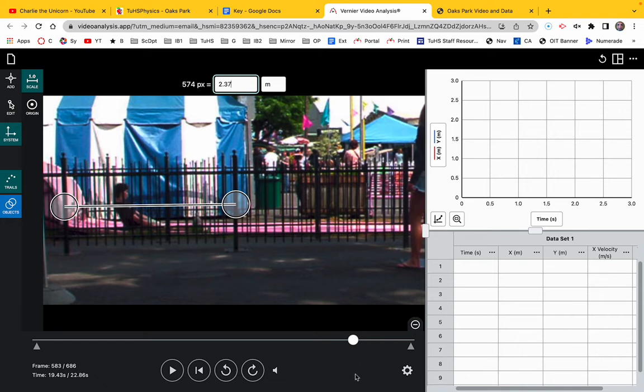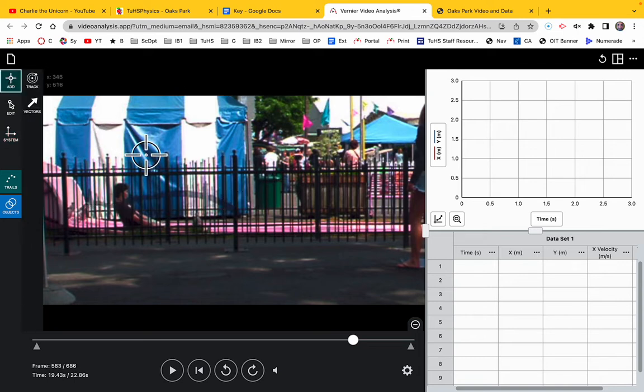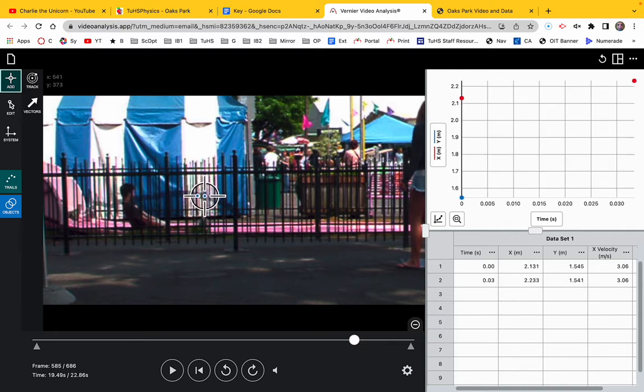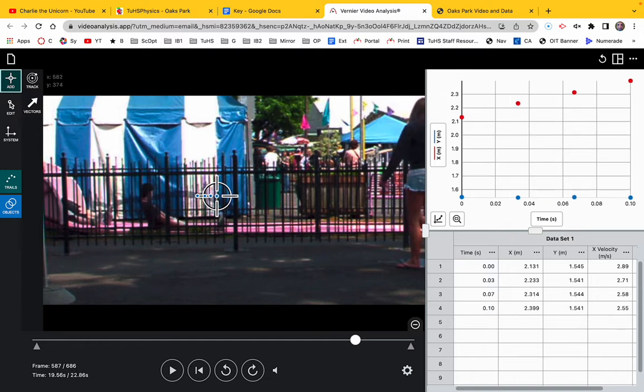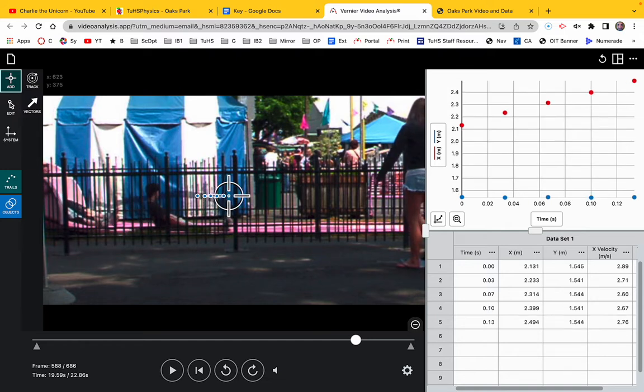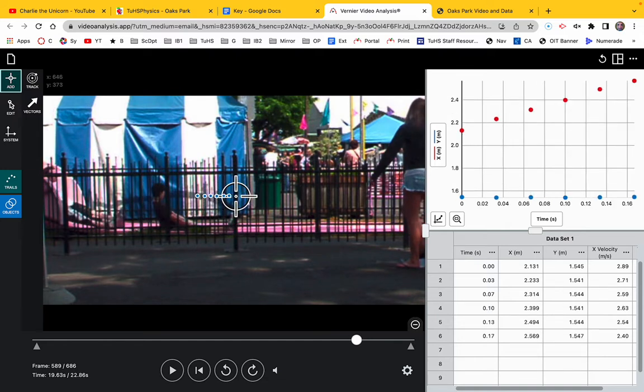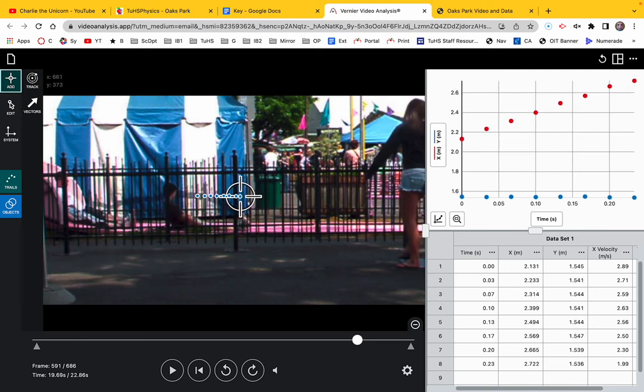I think every frame is good enough to find the... And what do I do? What do I click on? How about the shoes? Let's click on the shoes. Shoe. Goes behind something.